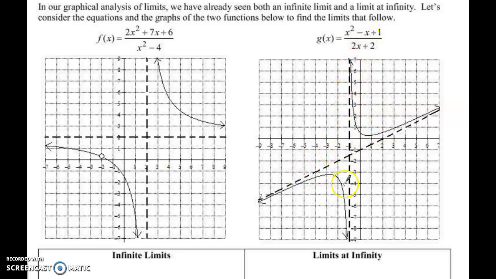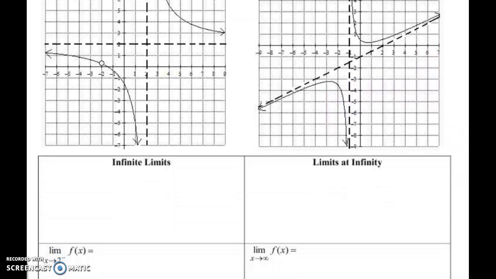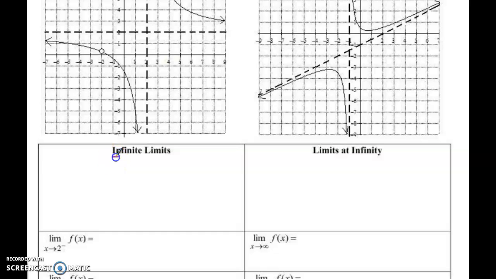Definitely think about how we got vertical asymptotes, which actually brings me to the difference between infinite limits and limits at infinity. The subtle difference is one is talking about vertical asymptotes. That's what the infinite limits are, where limits at infinity is asking for the end behavior of those two.